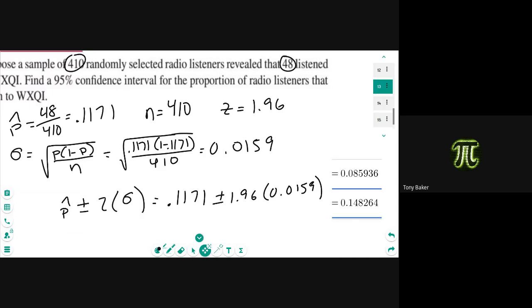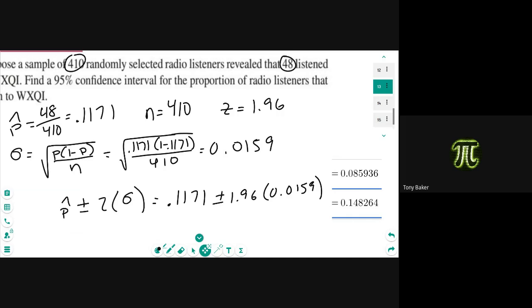So after they did a sample of 410 people, they thought it was around 11%, but that's what they got from the sample, but it could be anywhere from 8.5% to just about 15% in reality.